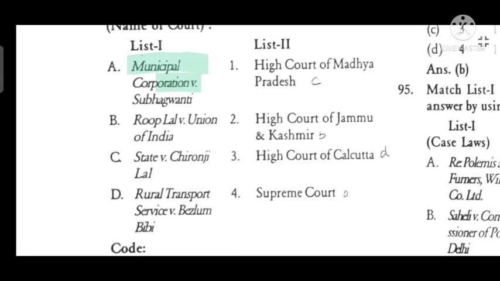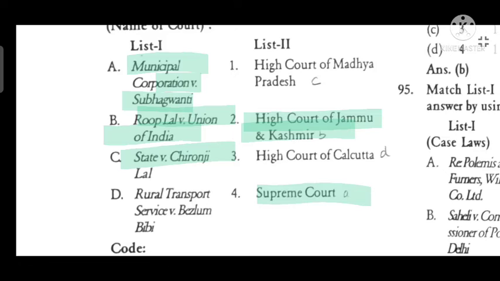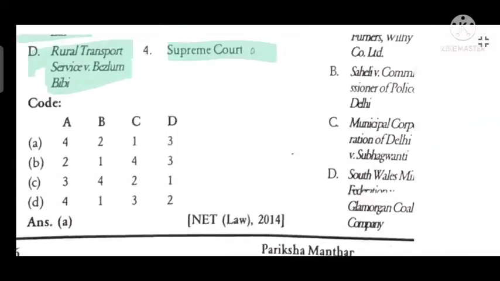Municipal Corporation versus Shuhangwati, Supreme Court. Rooplal versus Union of India, High Court of Jammu and Kashmir. State versus Chinori Jilal, High Court of Madhya Pradesh. Rural Transport Service versus Belgium BV, High Court of Kolkata.